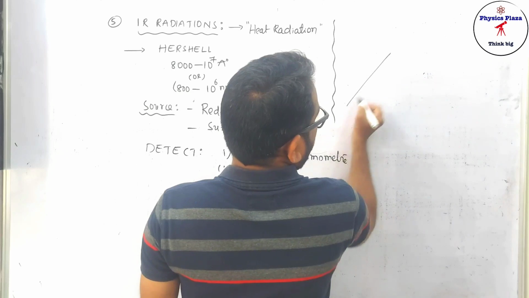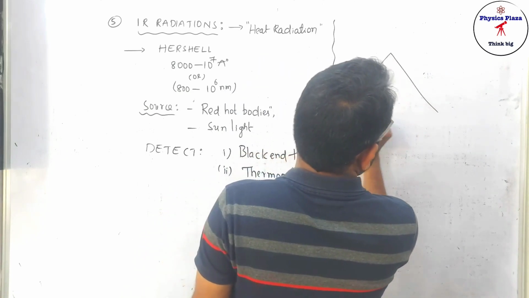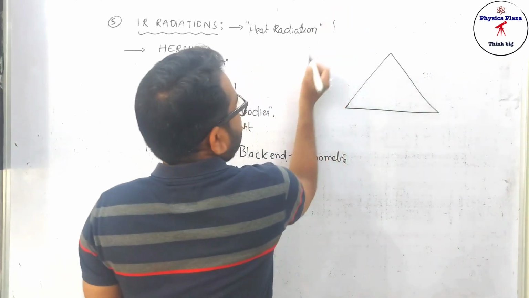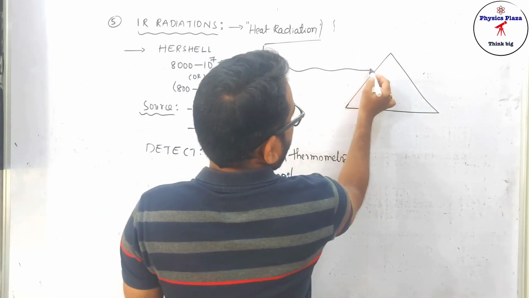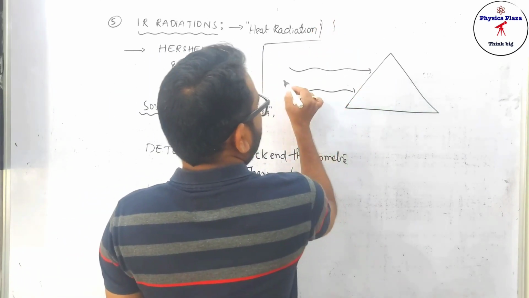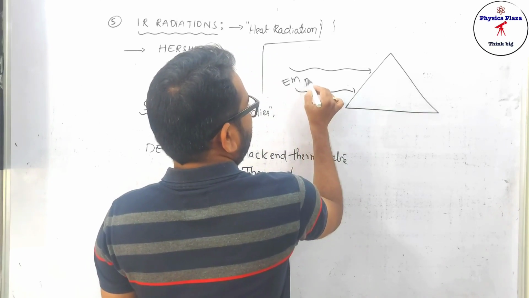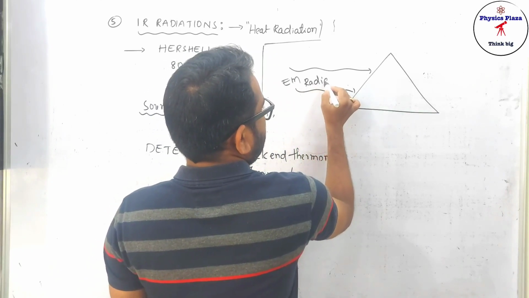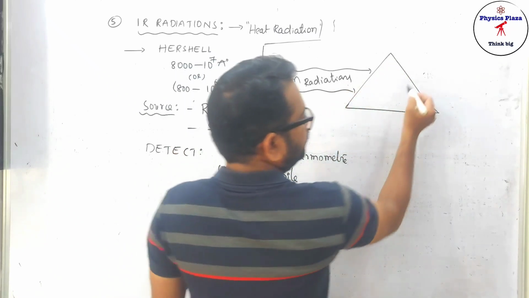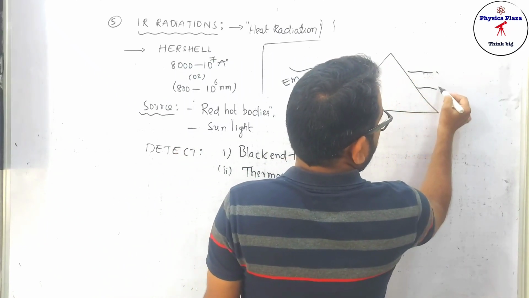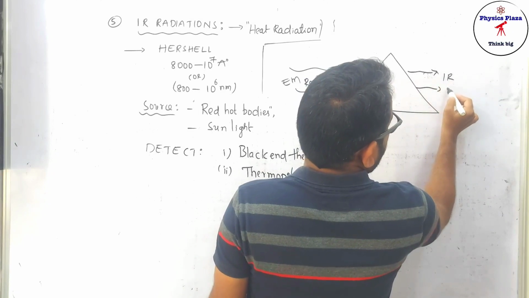Children, for suppose, look here, I need a space here. Let us say here are all electromagnetic radiations, and they are passed through this special prism. Then we get only the IR spectrum.